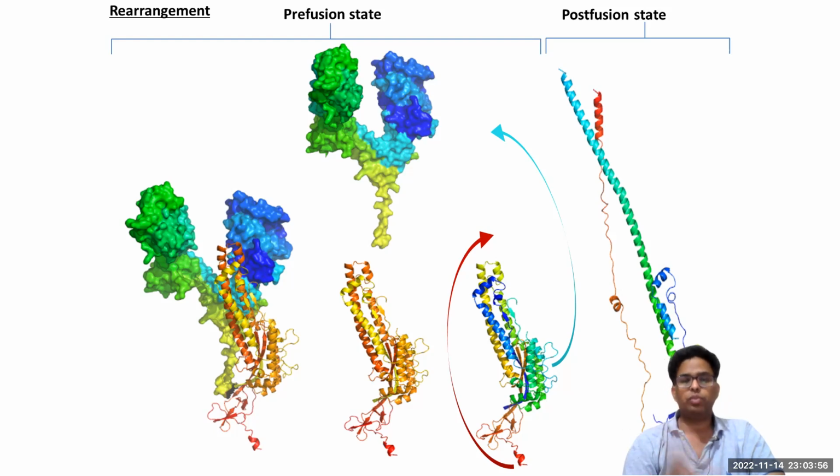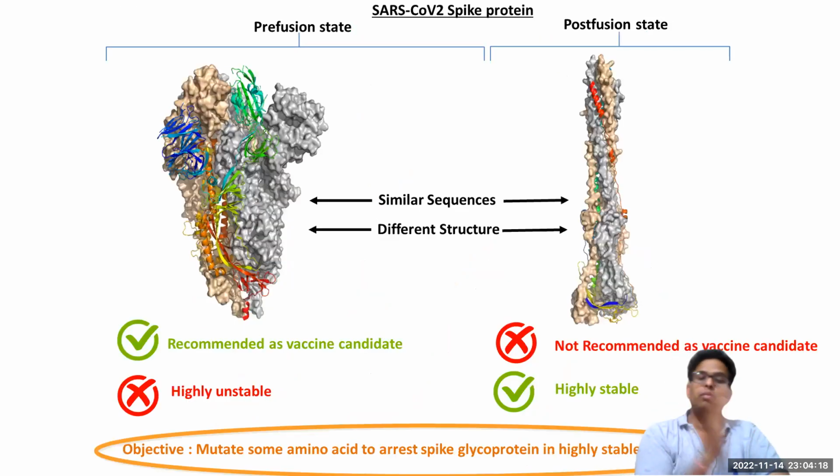Pre-fusion and post-fusion are both the same region, but suppose this is a pre-fusion state, and when some bonding and changes happen in the S1 S2 region, it is now the post-fusion state. So the same thing. That's an important point, because both have similar sequences but different structures.